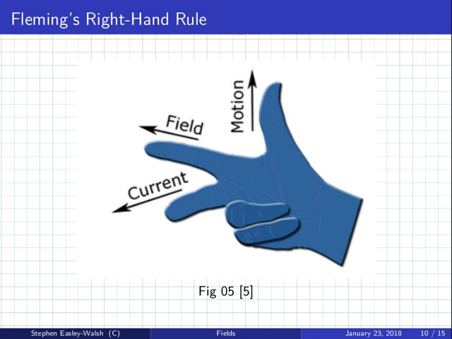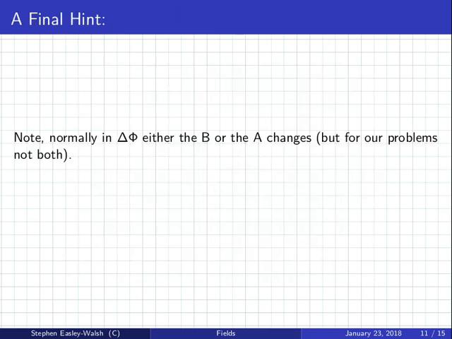Okay, continue. So, a final hint before we look at some examples. Normally, when we look at the change in the magnetic flux, it's usually either the B or the A that changes, but for our problems, not both.